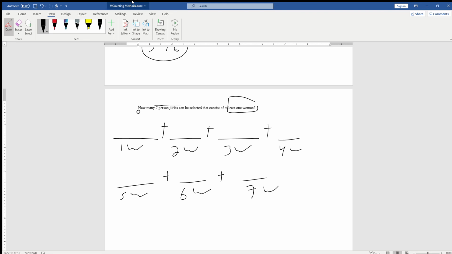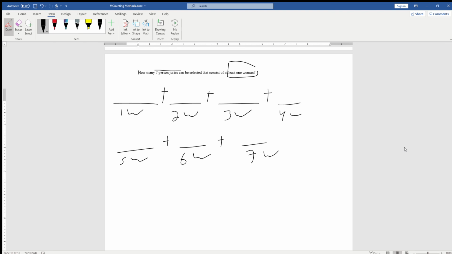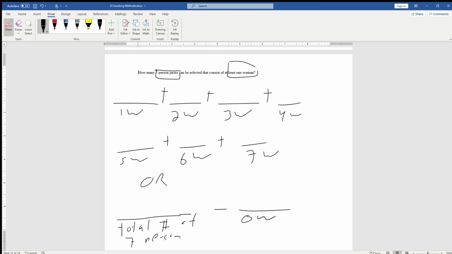Another way to think about this is, what if we took the total number of 7-person juries and then we subtracted no women? That would be another way to do this. So we could take the total number of 7-person juries, and from that we would subtract 0 women. All right? So we could do it either way, but I think the second way is a little bit easier.